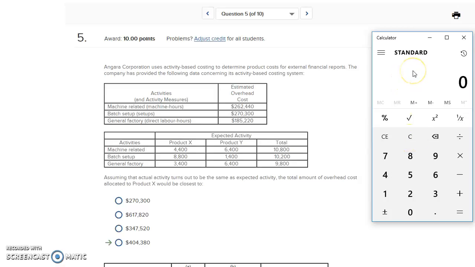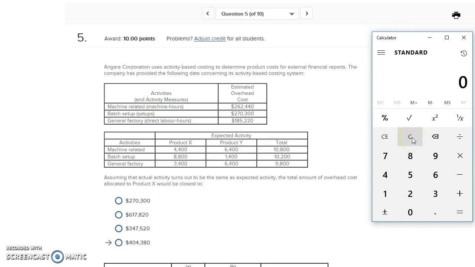Okay, so here, again, we have the total activities and then the total cost for activities. So for my machine costs, I have 262,440 for my total cost. And my total machine-related hours, I guess, is 10,800. So per machine hour, it's 24.30.